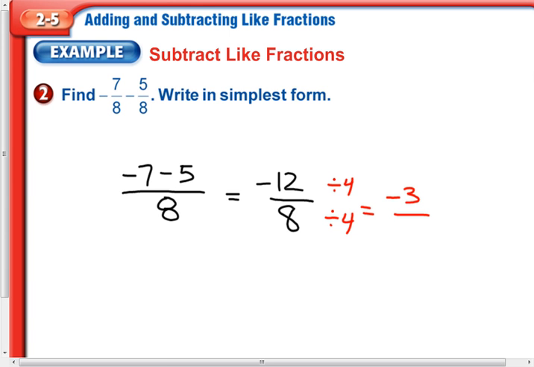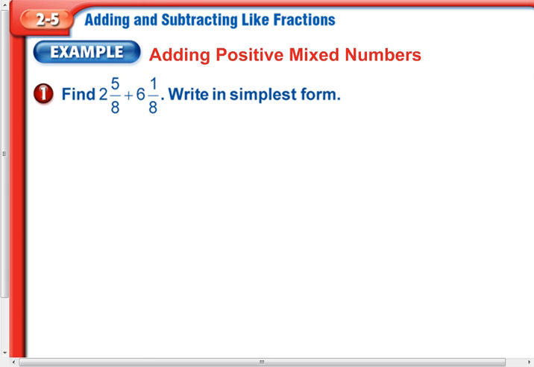Then I can write my denominator, which is 8, and then I have a positive 5 and a positive 1, so 5 plus 1. 2 plus 6 is going to give us 8 for our whole number. 5 plus 1 is 6 over 8, so we have 8 6/8.